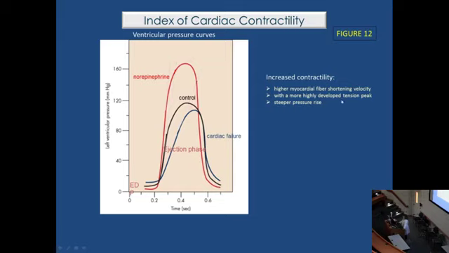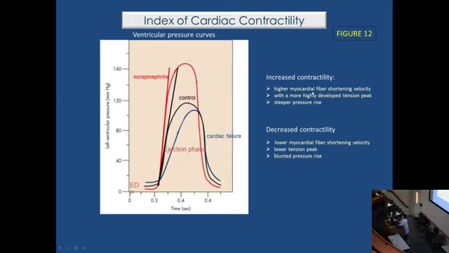When you increase the contractility, you will observe higher shortening velocity, a higher developed tension peak, as illustrated here, and also a steeper rise of pressure, comparing norepinephrine to the control or even to the cardiac failure. This is better appreciated when we take the slope of these curves.